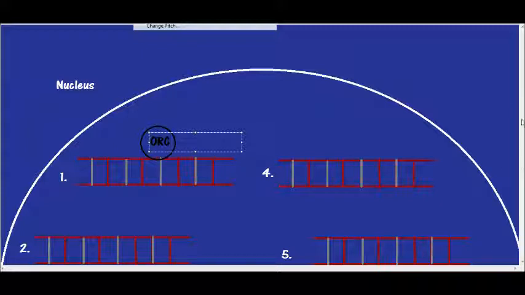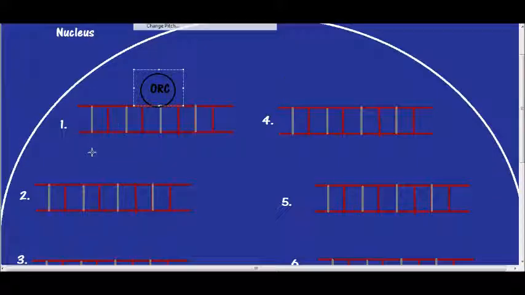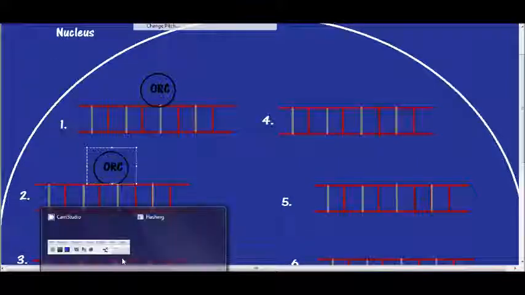ORC stands for origin replication complex. It binds to the origin, and it is composed of 6 protein subunits, which serve as a base for other proteins that will come and bind to it and form the whole pre-RC complex.